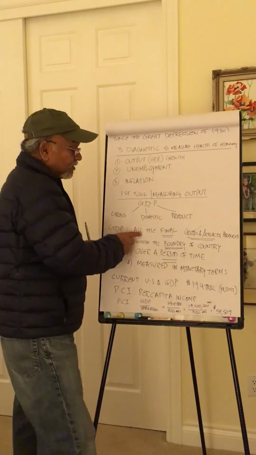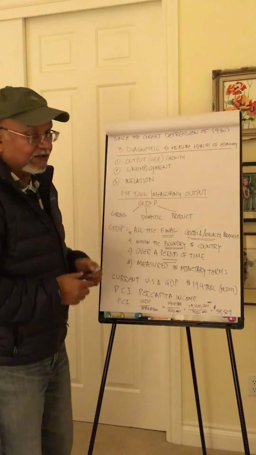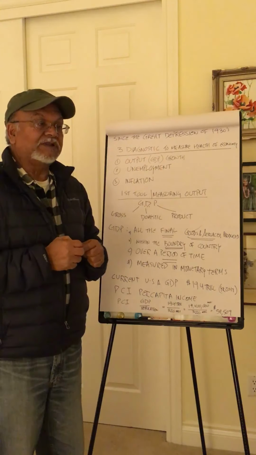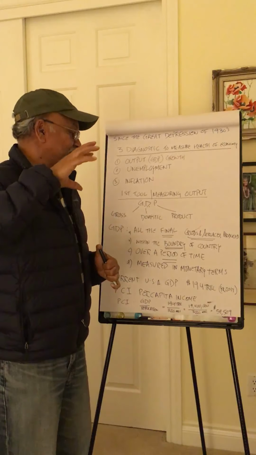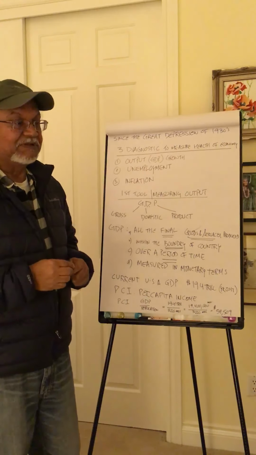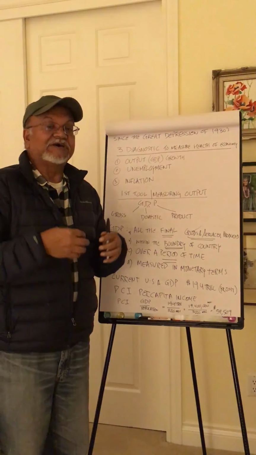So all the final goods and services produced. What do we mean by final? Here, what we mean is that we want to only count goods that are used as final consumption. For example, let's take steel. You know, companies are producing steel.